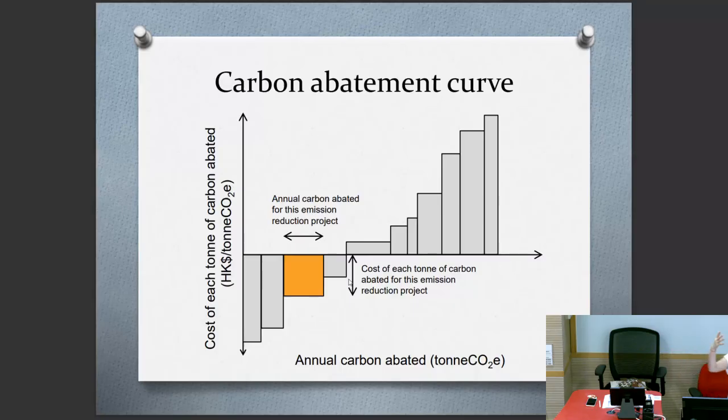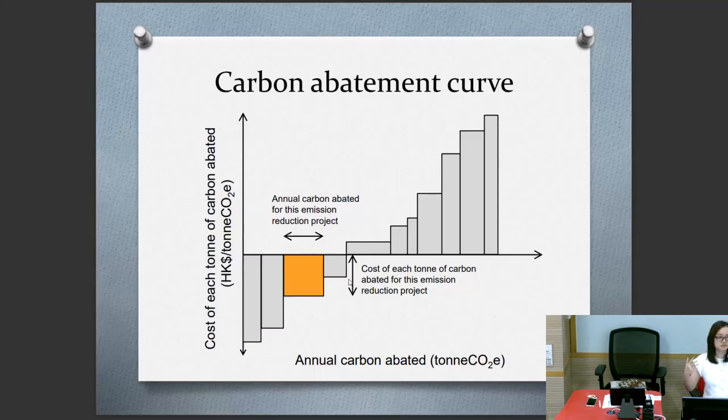Like replacing the lighting with LED, you have a limit, right? I have only 1,000 lamps in this building. Then at the maximum, I can only replace 1,000 LED lamps. So there will be a limit for the amount of carbon reduction.